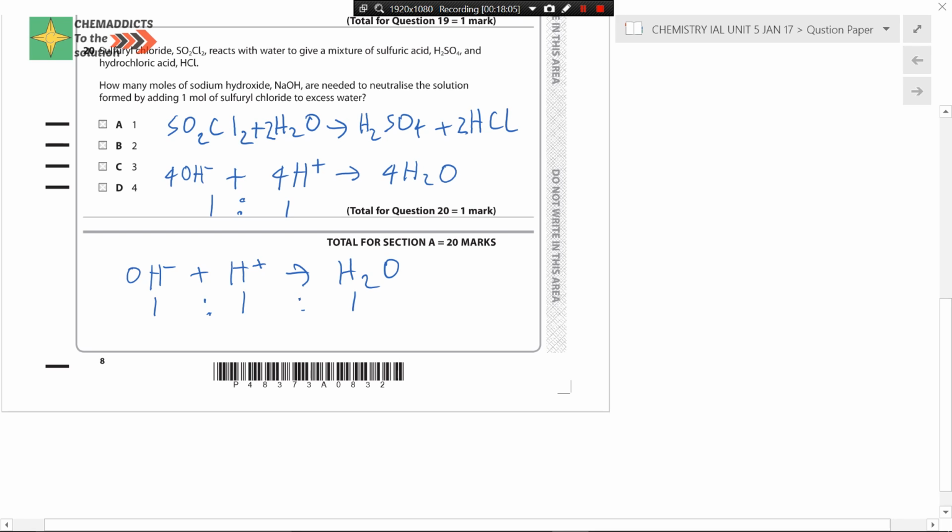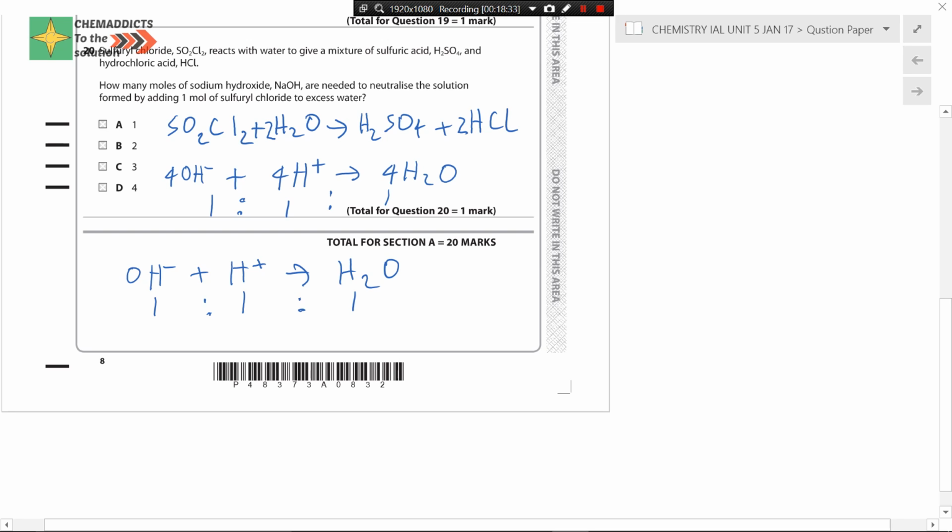In a basic neutralization reaction, the mole ratio of hydroxide to H plus ion is 1:1, and the mole ratio between H plus ion and water is 1:1. So it goes 1:1:1. This is the basic neutralization reaction.